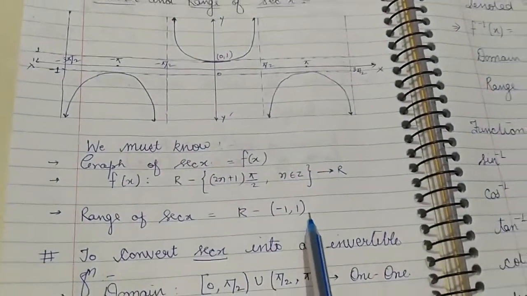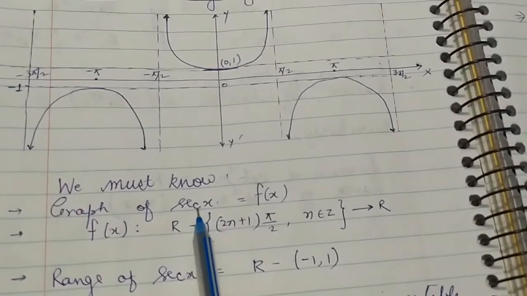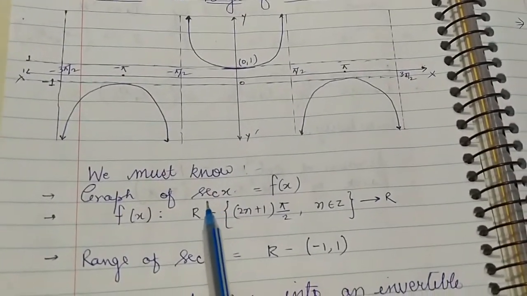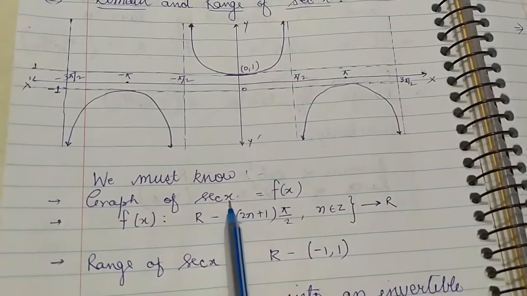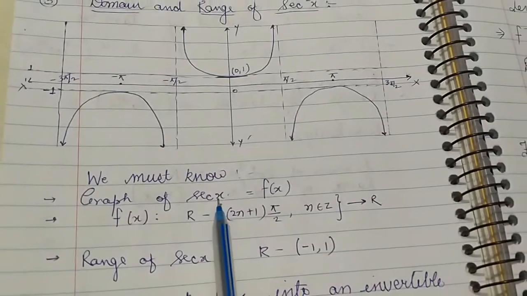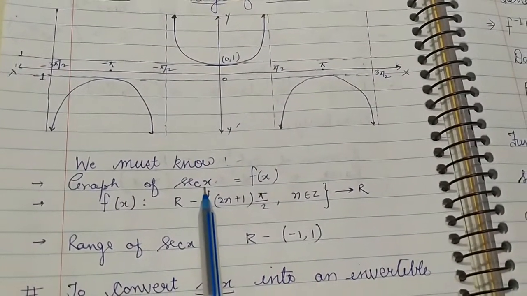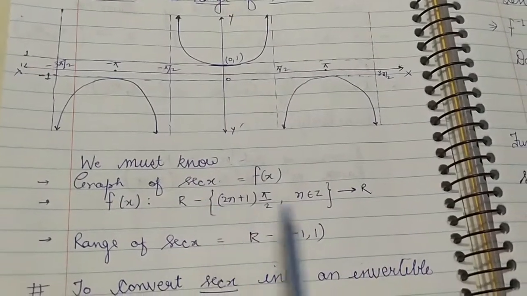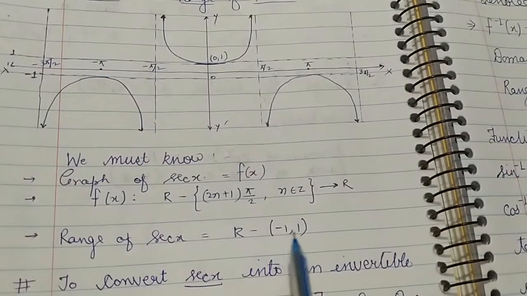Now if we have to find the inverse of this function, we have to convert this function into the form of one-one and onto. To convert this function into an onto function, we shall restrict the codomain in this form.